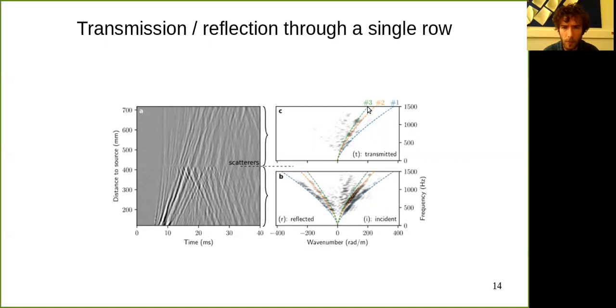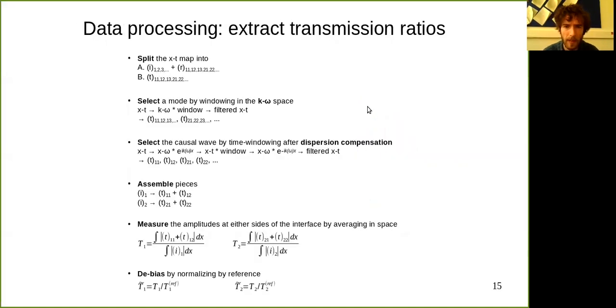We can do better. We can go more quantitative with this data. Let me explain how I process it. First, I split the map into 2 maps: a map which contains the incident and reflected waves before the scatterers, and a map which contains all the transmitted waves after the scatterers.